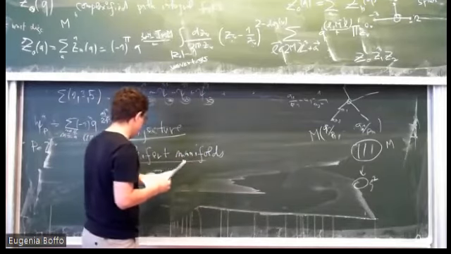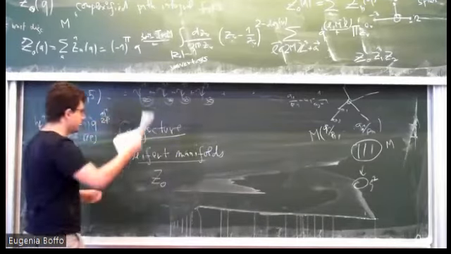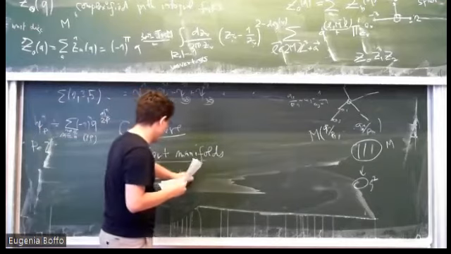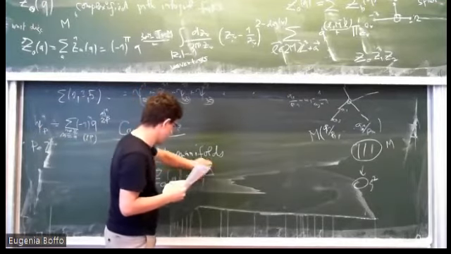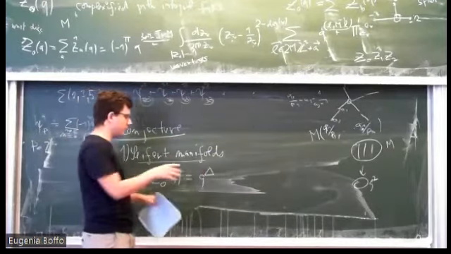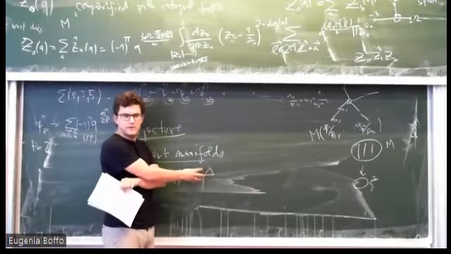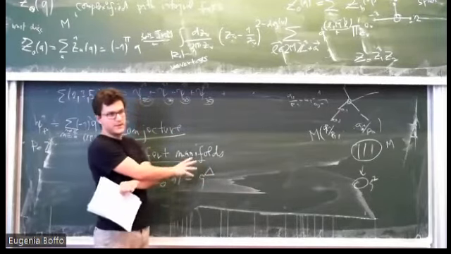Then if we take this Z0, so we take the sum of all these guys, there is a prefactor. This prefactor should be related to the Casson invariant, or at least seems to be for easy cases.